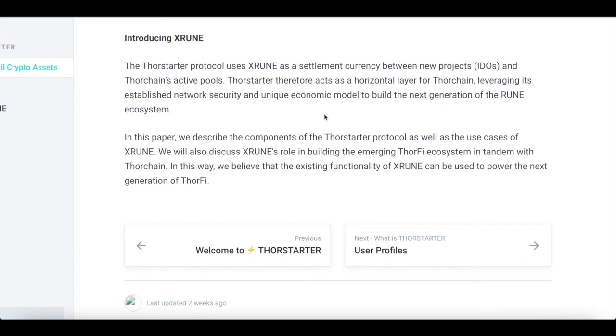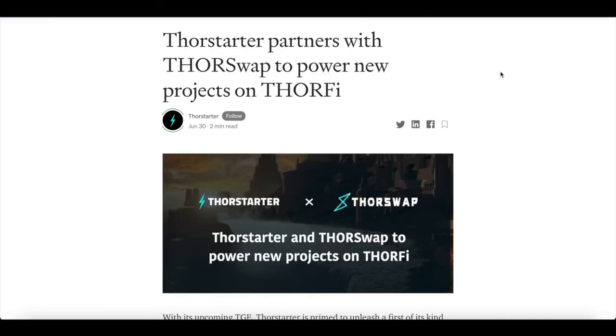They'll also discuss XRune's role in building the emerging ThorFi ecosystem in tandem with Thorchain. In this way, they believe that the existing functionalities of XRune can be used to power the next generation of ThorFi.